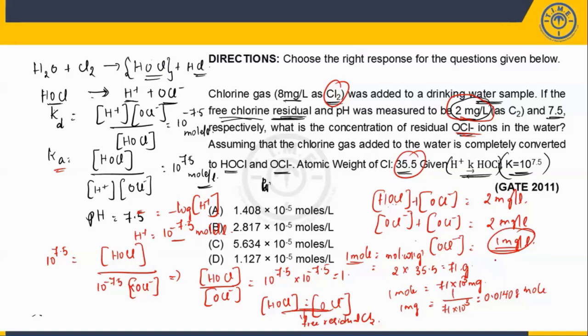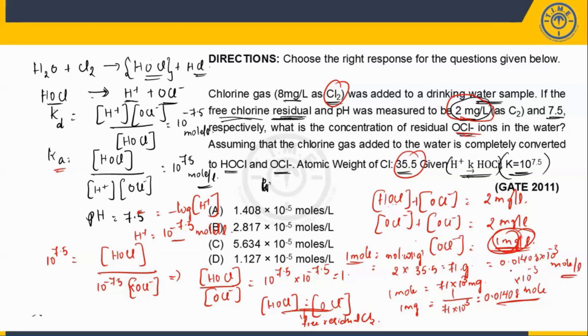Now, we have the concentration as 1 milligram per liter. What I want is mole per liter. So how much will it be? Instead of 1 milligram, I am substituting 0.01408 into 10 power minus 3 moles per liter.